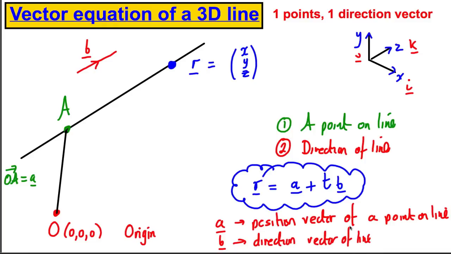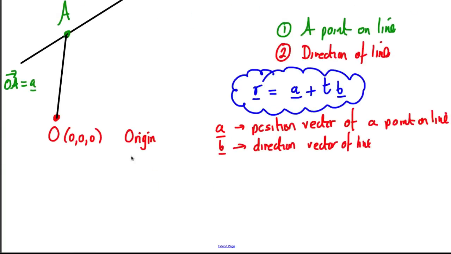And T lastly, just to get T sorted in our heads, T is not a vector or anything. T is just a number. It could be any number. Okay?